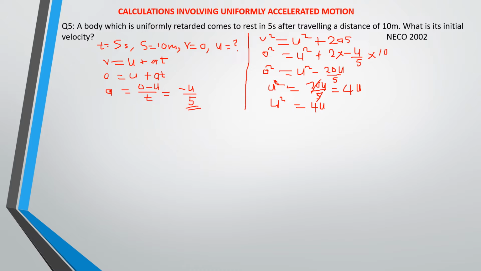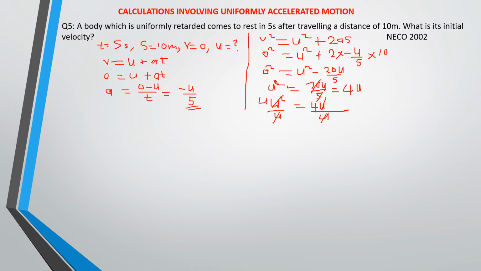Now, for you to have your u, you divide both sides by u. So if you divide both sides of this equation by u, this will cancel out, then this can cancel, and you have just one u here, right?